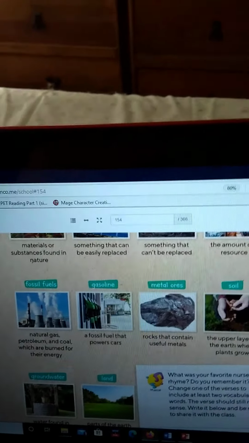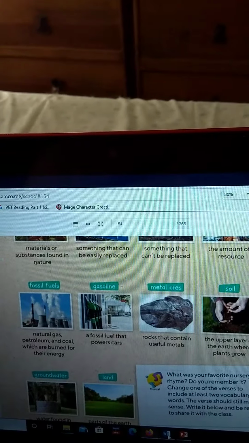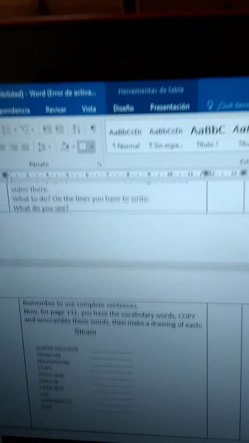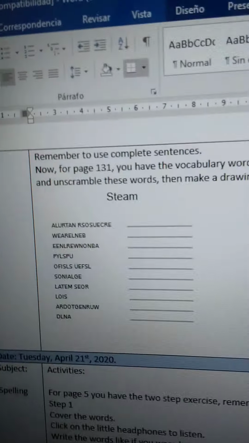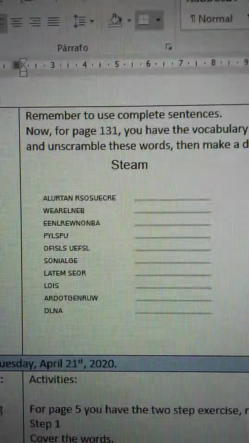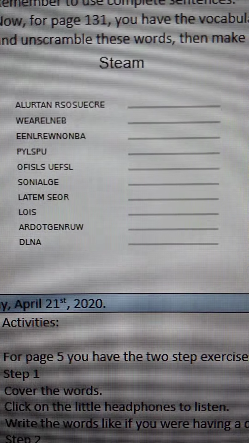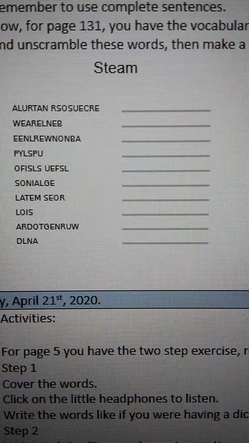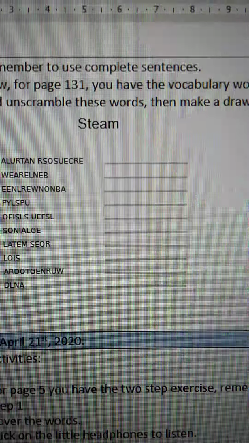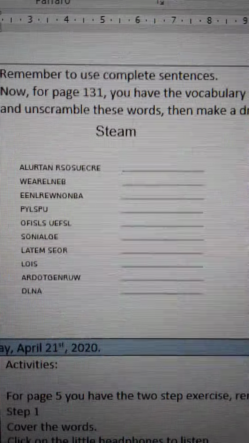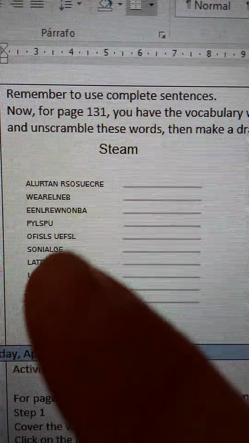Okay? So, once you have done this activity, on the guide, I gave you this exercise. These are the words that you have on page 131 of STEAM. Okay? They are scrambled.